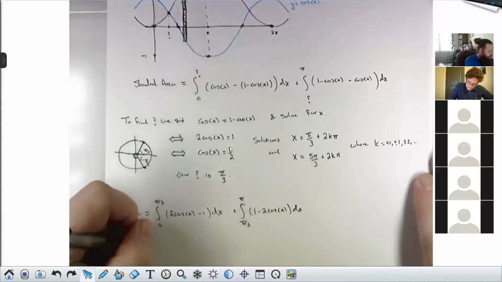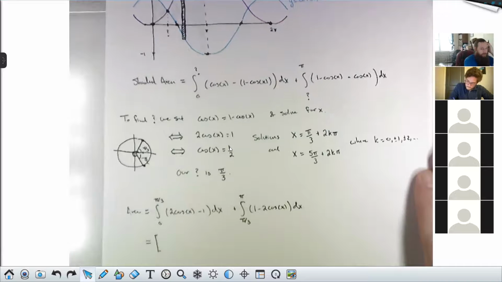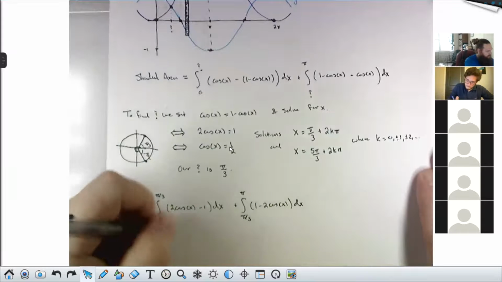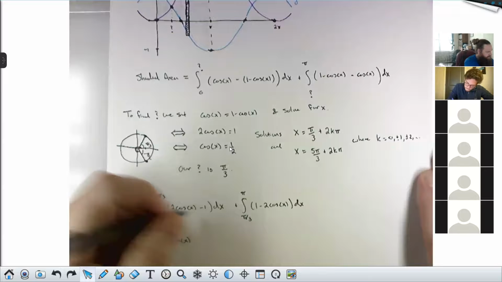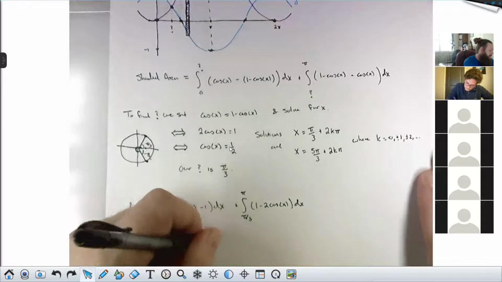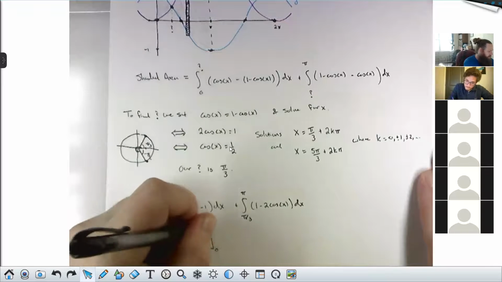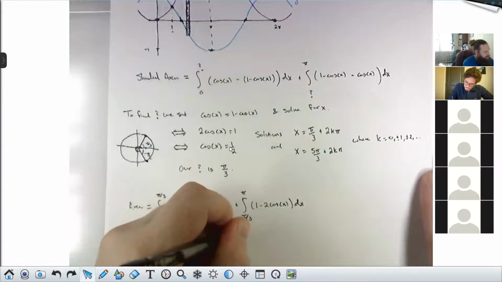Antiderivatives for each of these are fairly simple. The antiderivative for cosine is positive sine, right? Because the derivative of sine is cosine. So this is 2 sine x minus x, since the antiderivative for 1 is x. We evaluate that from 0 to pi over 3. And then we use the same antiderivative rules here.